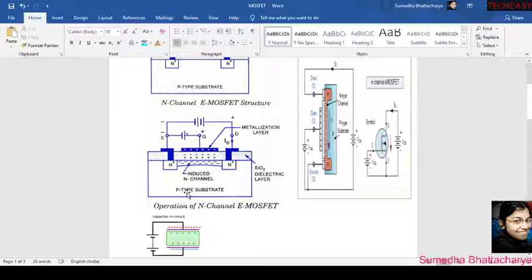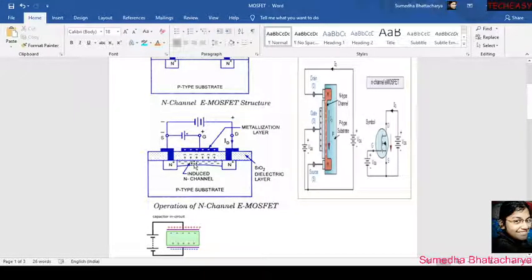How? Because when the VGS is increased, then the atoms situated in this p-type, the valence electrons will go out from the shell and one hole will be created, and the electron which goes out from the shell will come to this position.